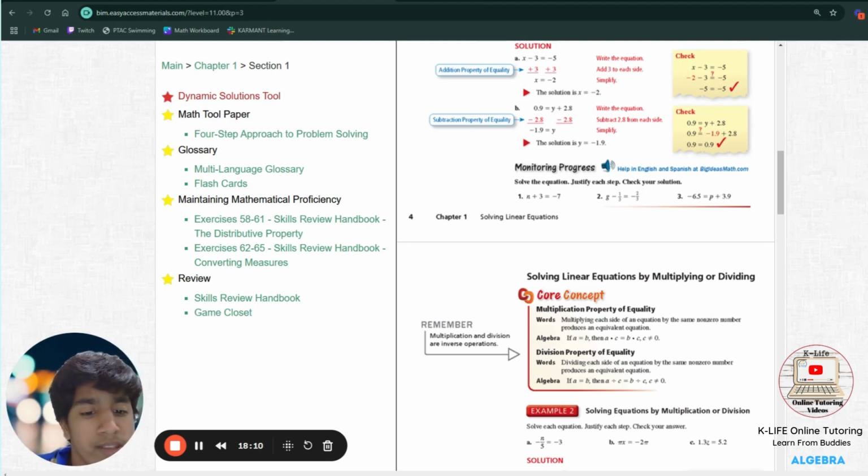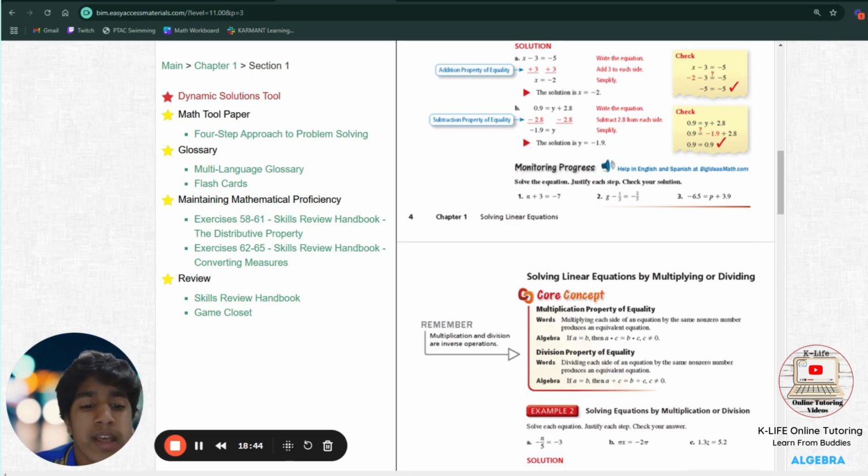Division property of equality is the same thing as addition, subtraction, multiplication, but now instead of multiplication, we're dividing. So if A equals B, in algebra terms, we're basically dividing the equation by the same non-zero number again to produce an equivalent equation. So if A equals B, then A divided by C equals B divided by C when C is not equal to 0.